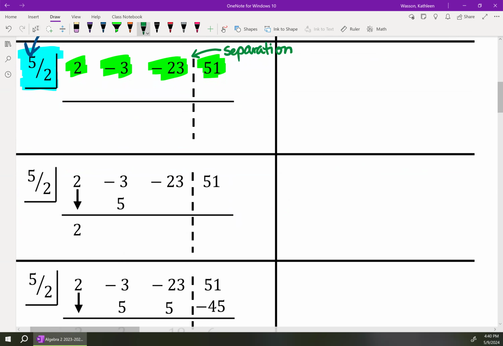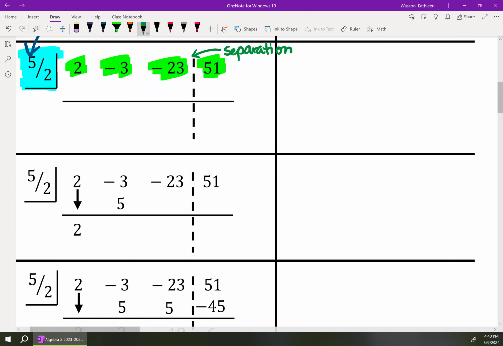And this 2 will multiply by the number on the shelf. So 2 times 5 over 2. So I'm multiplying by 2 and dividing by 2. So I just got 5.